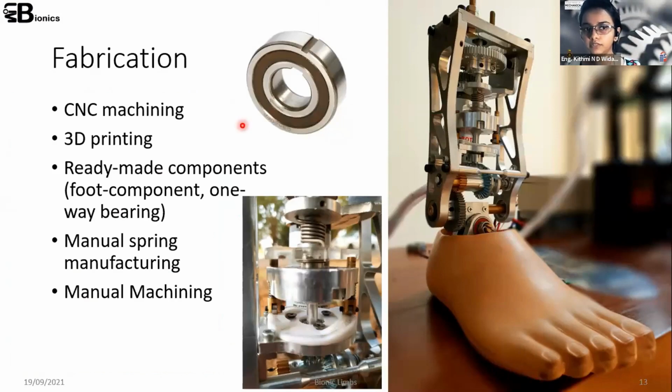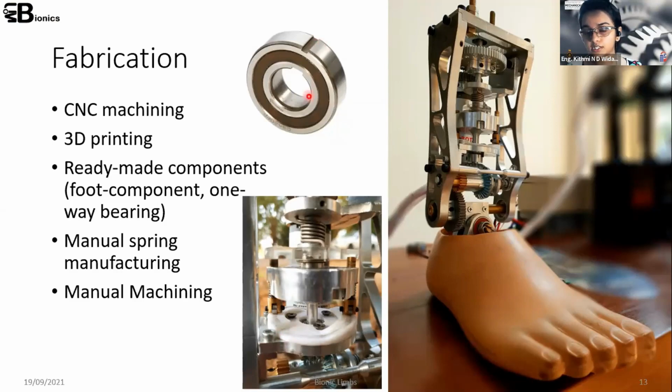Basically, the thing we use most is CNC machining, and we use some 3D printing to fabricate the cam guide part. And we have some ready-made components like the foot component, which we purchased, and also the one-way bearing was purchased.